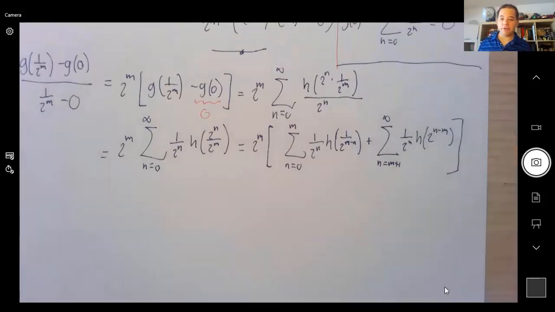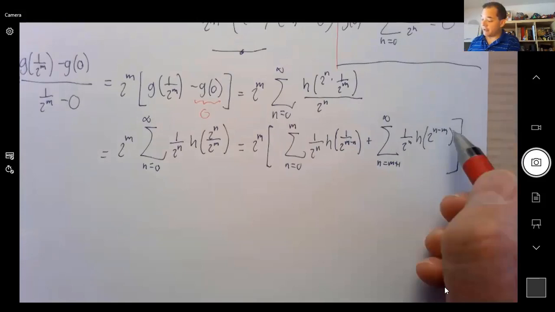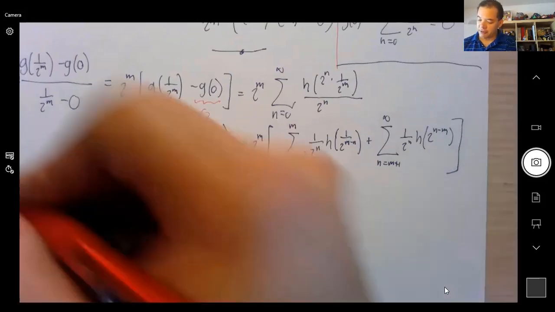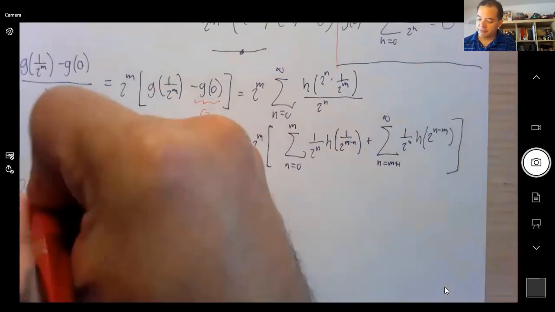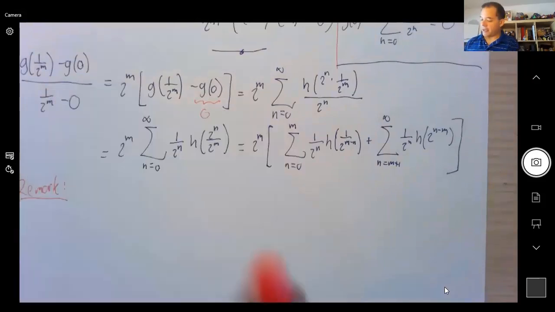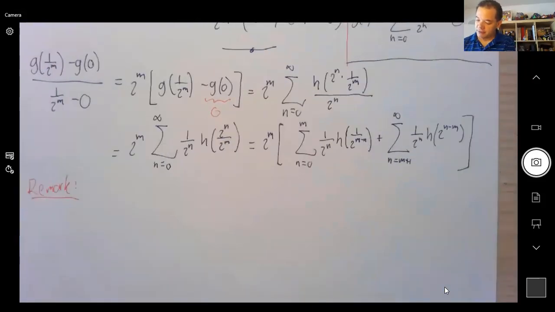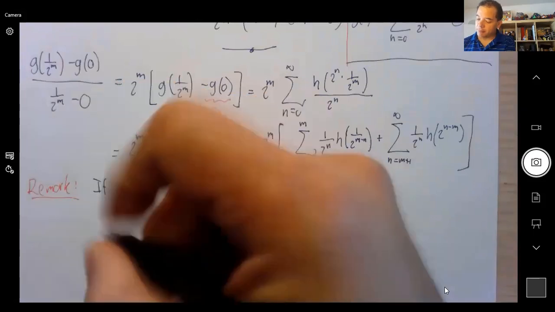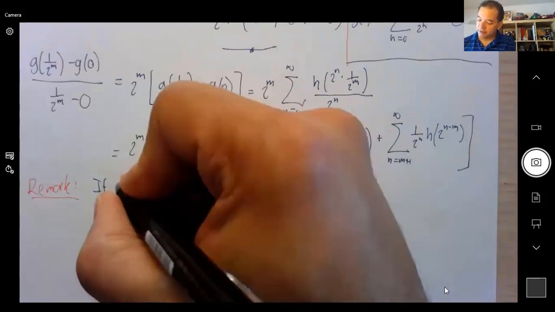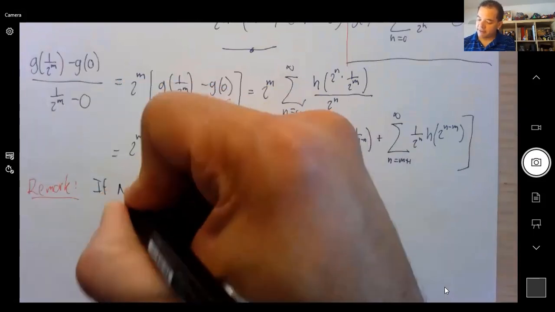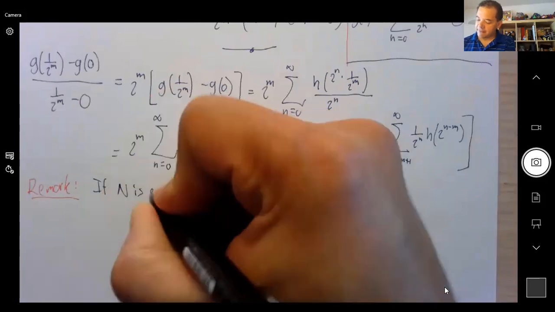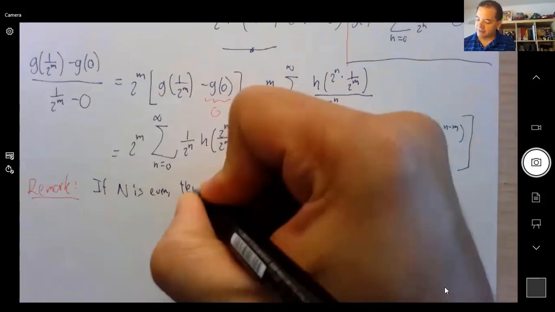So exactly what I was telling you. Remark: if you plug in an even number, if n is even, then h of n is 0.